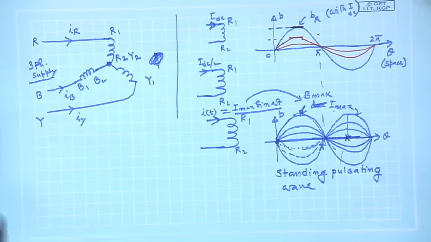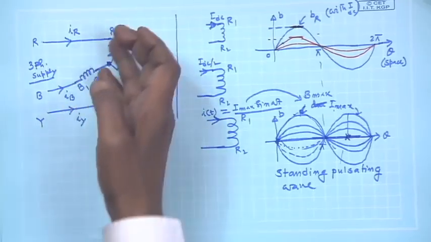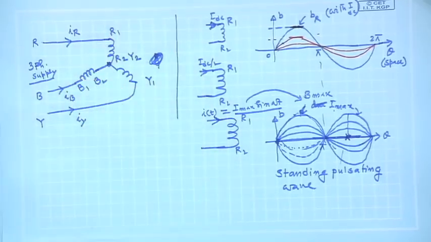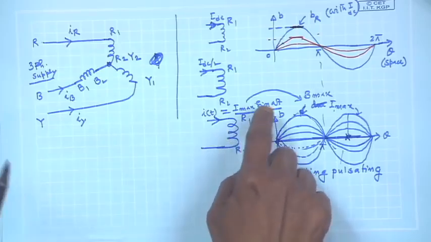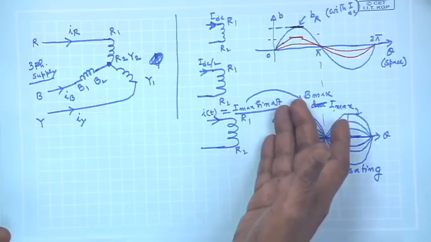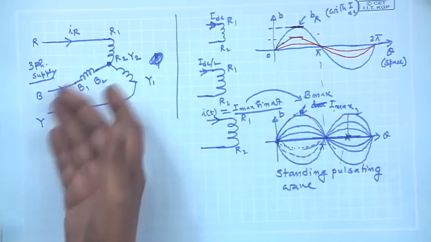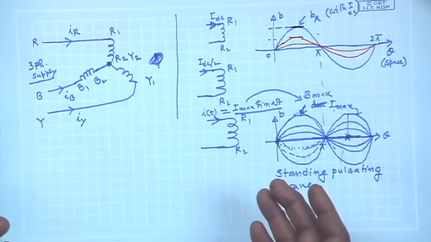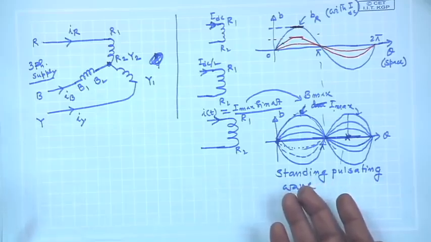Similarly, this is only for R phase. Now, all these 3 coils are carrying time varying current. If you call the R phase current sin omega t, the Y phase current will be sin omega t minus 120 degree and the B phase current will be sin omega t plus 120 degree.